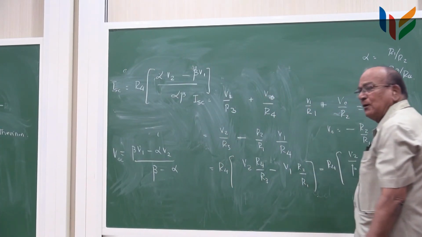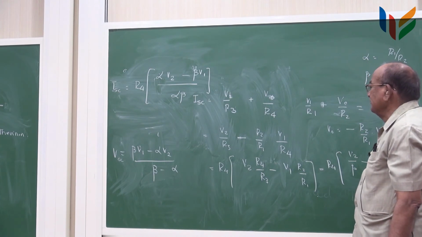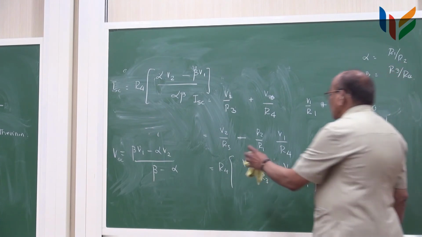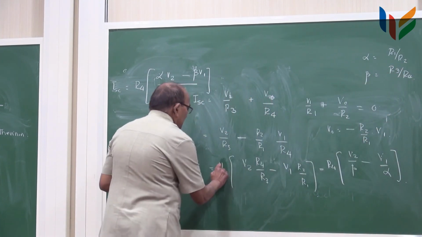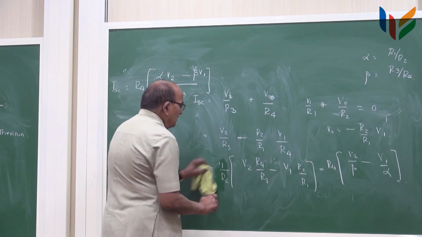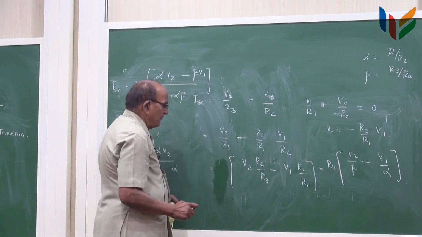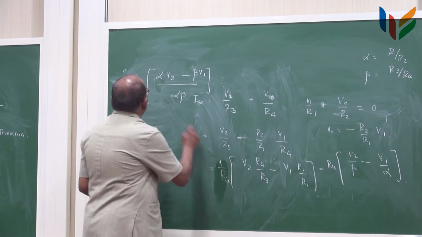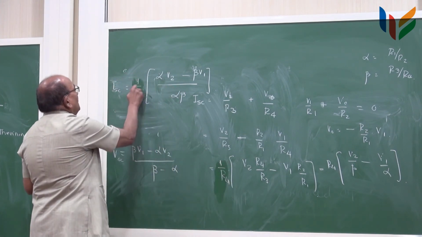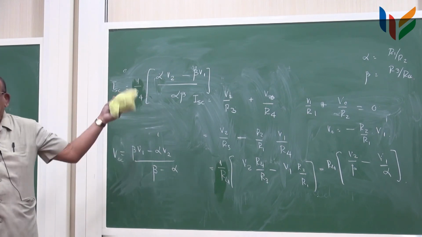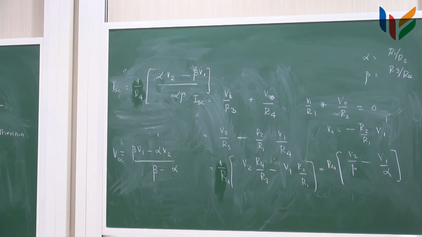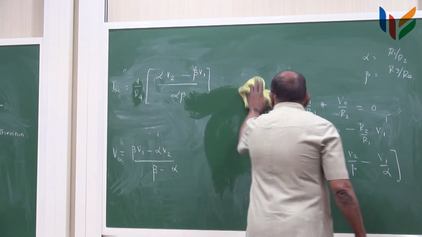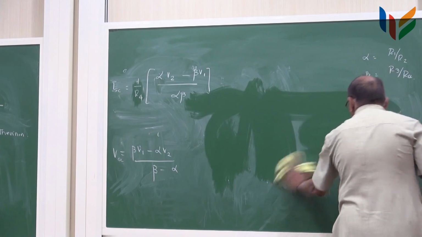R1 by R2 is alpha. When you're taking R4 common, it should be 1 by R4 is common. 1 by R4, okay. You're right. So it should be 1 by R4, correct. Voltage is by resistance, so it should be. Okay. So we've done the maximum work. Now answers are very straightforward.